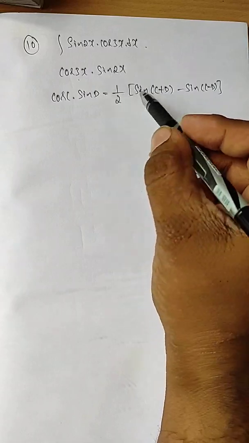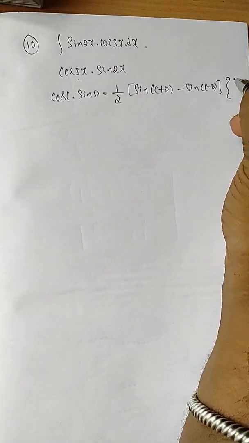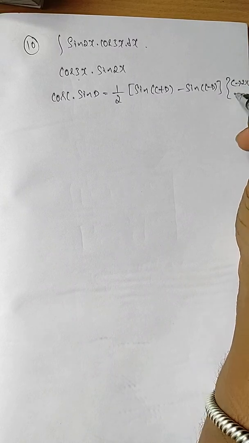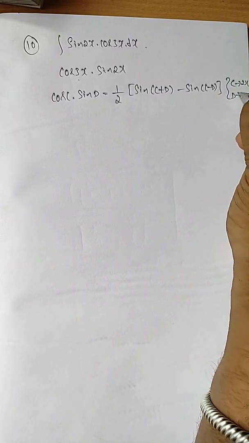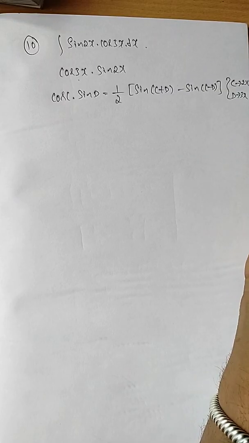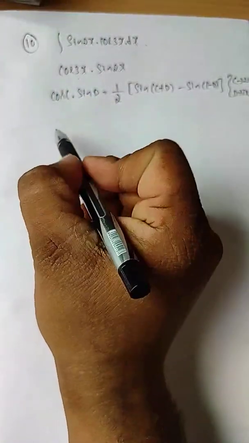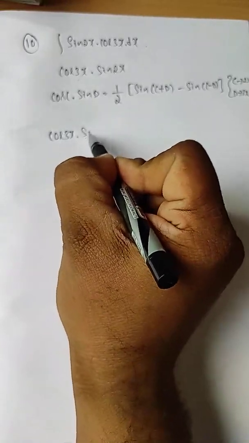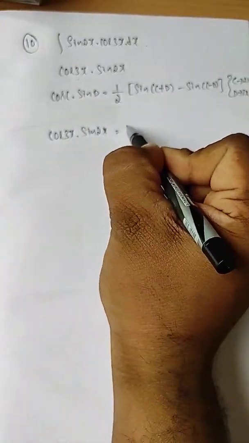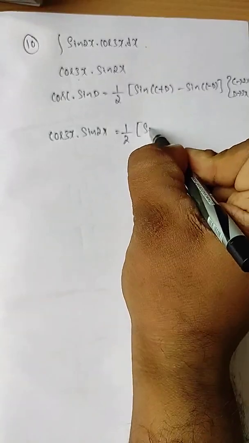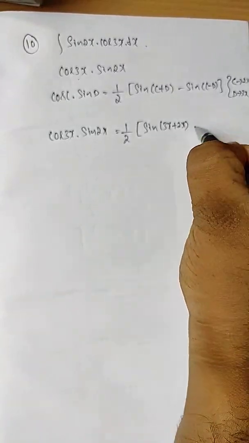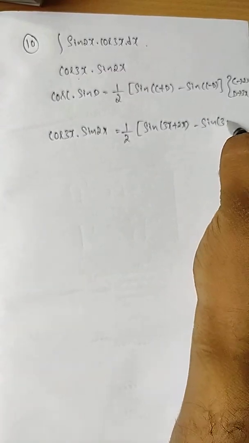This is the transformation formula converting the product to sum or difference. When you compare this one, what is c here? c is 2x. What about d? 3x. c is 2x, d is 3x. I am replacing now cos 3x into sin 2x is equal to 1 by 2 sin 3x plus 2x minus sin 3x minus 2x.